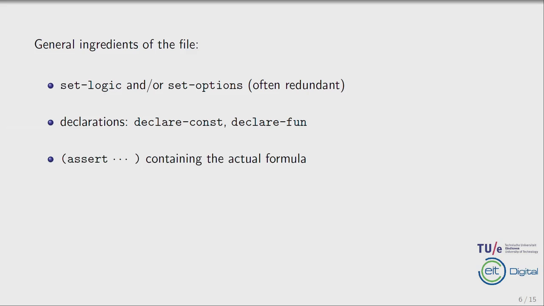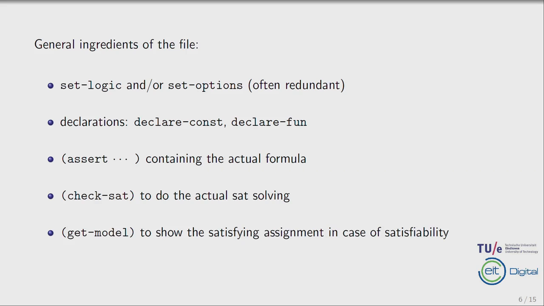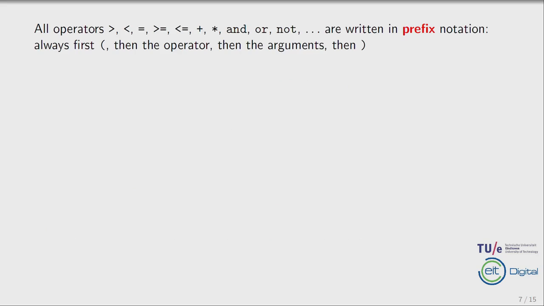And next we have the actual formula, and this is put in assert with parentheses around it. Between the opening parenthesis and the closing parenthesis we have the formula that may be very big. Next we have the command check-sat to do the actual SAT solving. In case of satisfiability we want to show the satisfying assignment, we should continue by get-model.